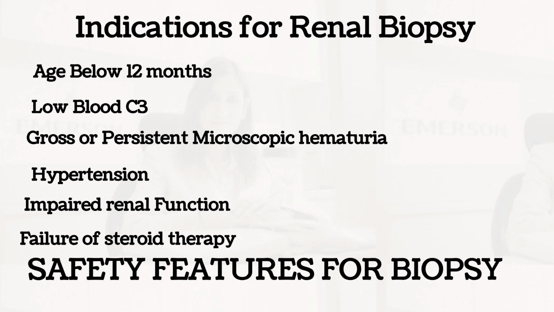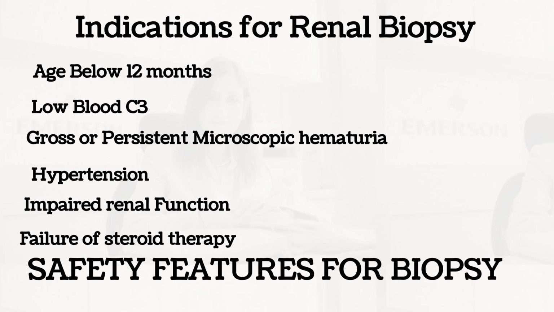Then what are some of the safety features for biopsy in adults? Even if they fall under the indications, there are some features we're supposed to look out for as safety features. FBC in adults: hemoglobin should be more than 8 grams per deciliter, platelets more than 90, INR of less than 1.2.